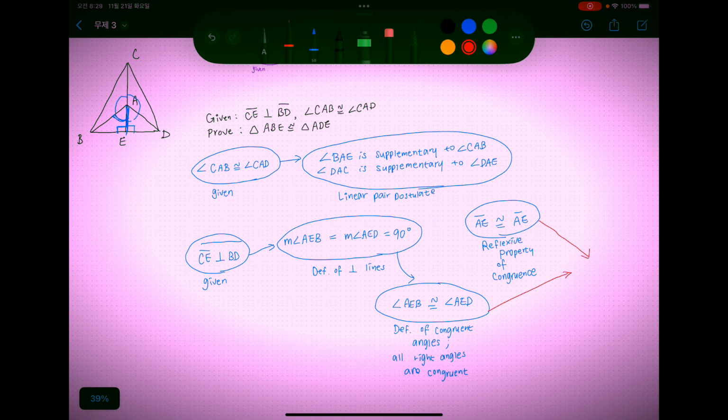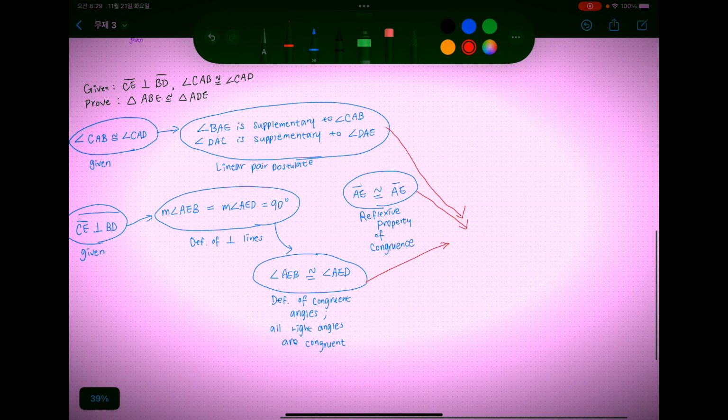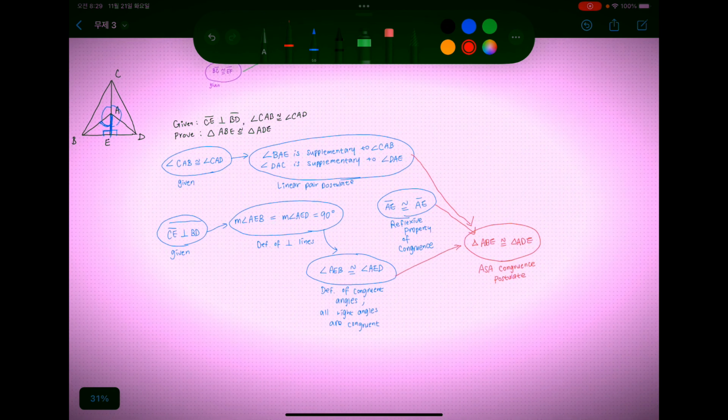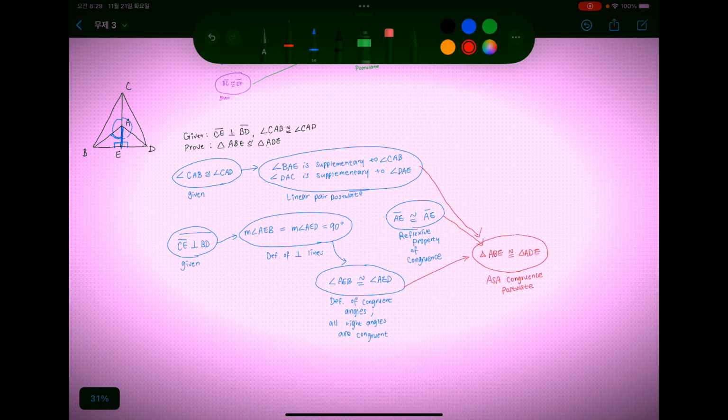We know that triangle ABE is congruent to triangle ADE, which is the ASA congruence postulate. Ta-da! So this is how we make a flow chart. Flow proof.